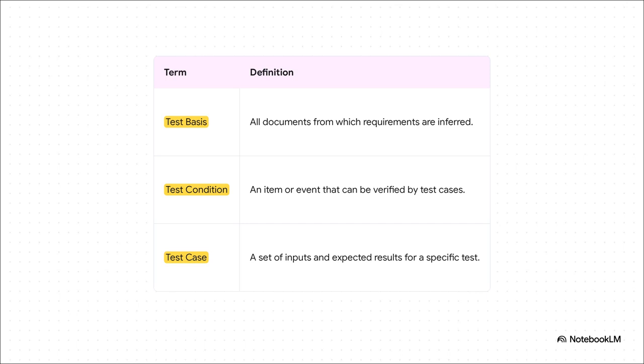A test condition is like a strategic goal, something like, we need to verify that a user can log in. And then, the test case is the specific tactic. Okay, enter a valid username with an invalid password, and then verify that the system shows an incorrect password error. See? That's how a big general idea becomes a specific, actionable test.